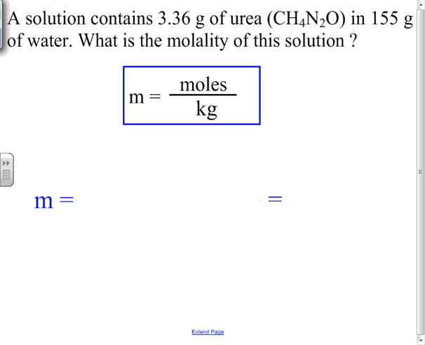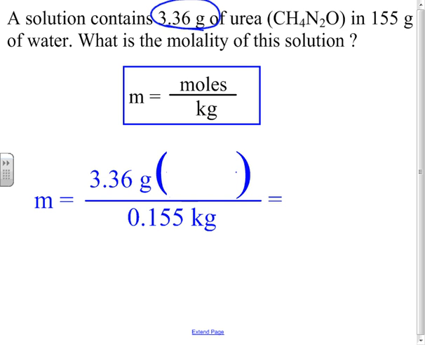More typical problem is going to look like this. If we have 3.36 grams of urea in 155 grams of water, what is the molality of this solution? So now instead of given moles, we are given grams of solute and a certain grams of water. So remember, it's always the solute over the solvent. So the 3.36 is the grams of the solute.